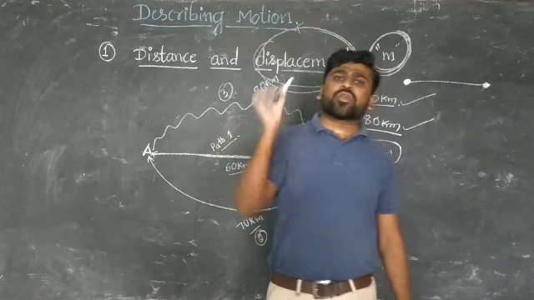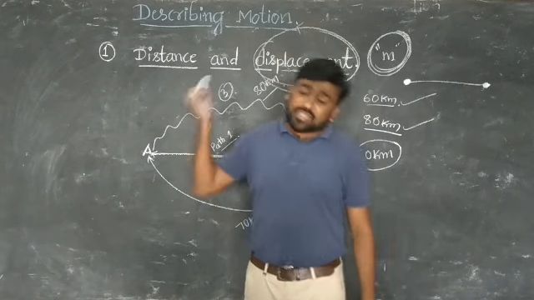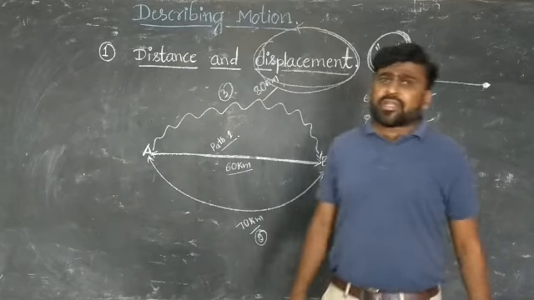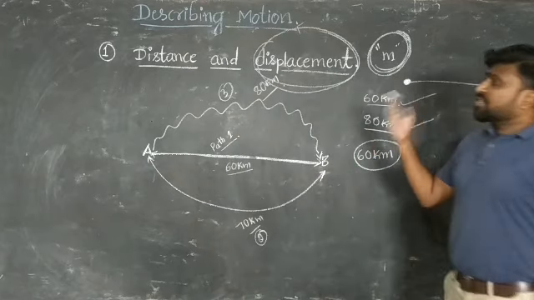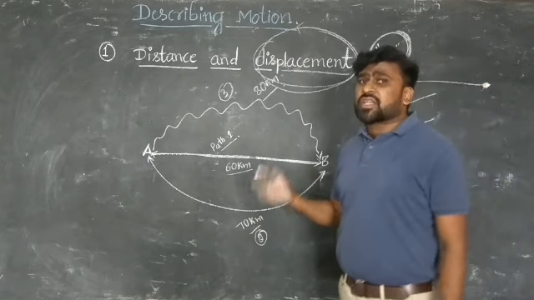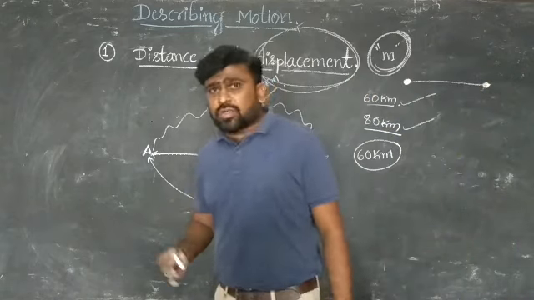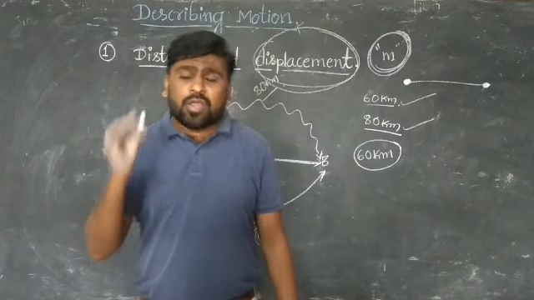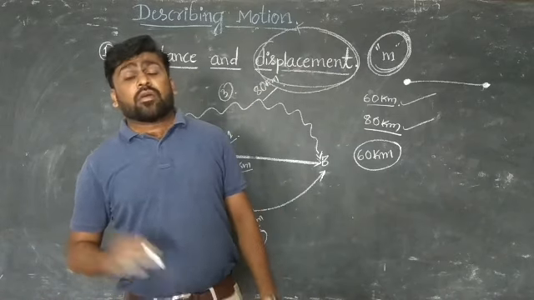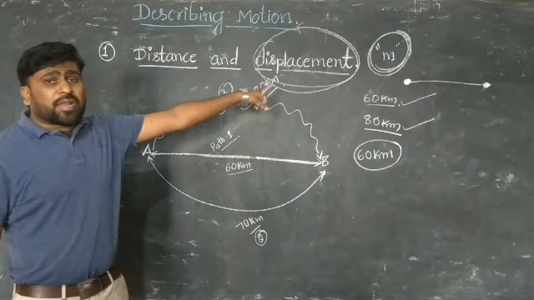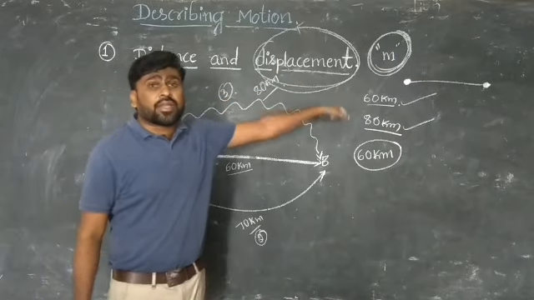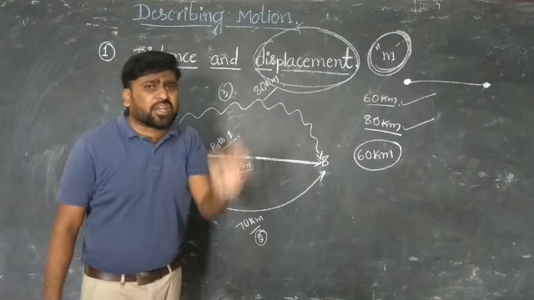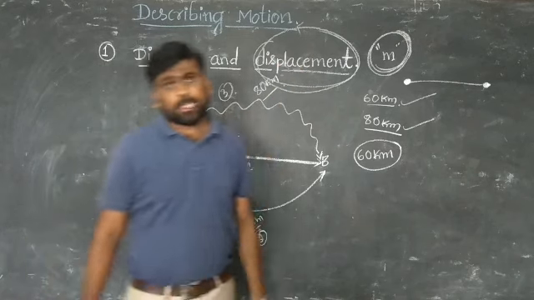Regarding the SI unit of displacement, it is also measured in terms of meter. Same as in the case of distance, the SI unit of distance is meter, and the SI unit of displacement is also meter. Clear? But displacement is a vector quantity, because in the case of displacement it specifically mentions the direction.